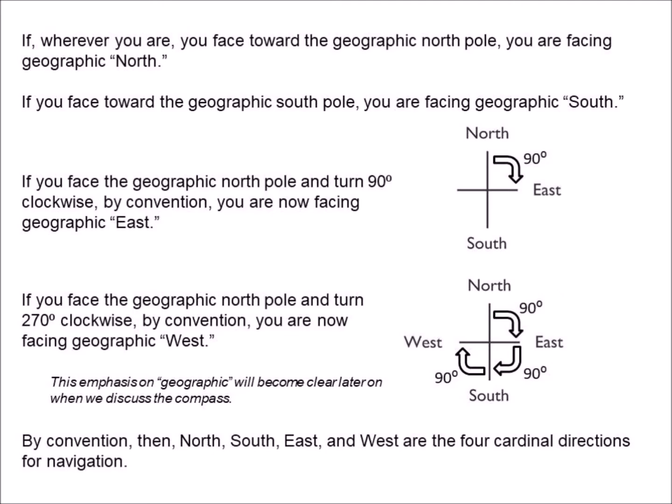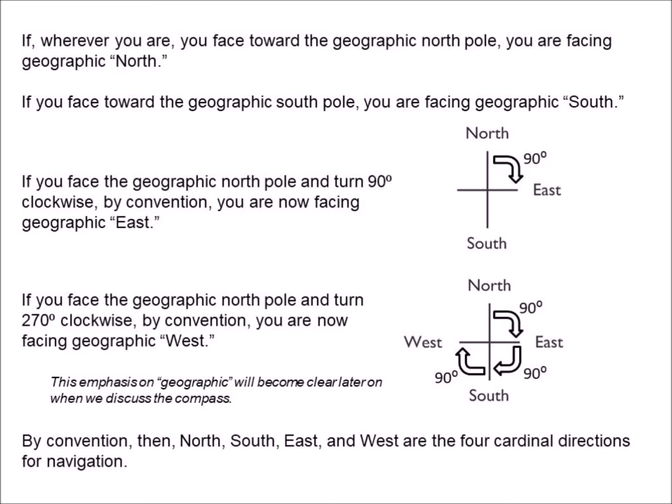Okay, the next point is very dry, but it's necessary, so bear with me and follow along. If, wherever you are, you face toward the geographic North Pole, you are facing geographic north. Makes sense. If you face toward the geographic South Pole, you are facing geographic south. Now, if you face the geographic North Pole and do a right face, that is, turn 90 degrees clockwise, by convention, you are now facing geographic east.